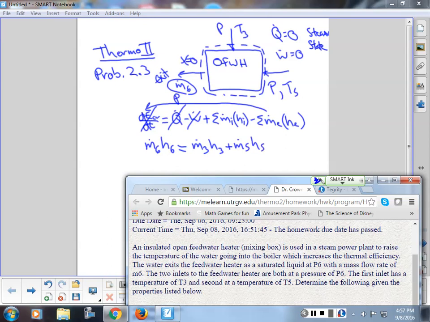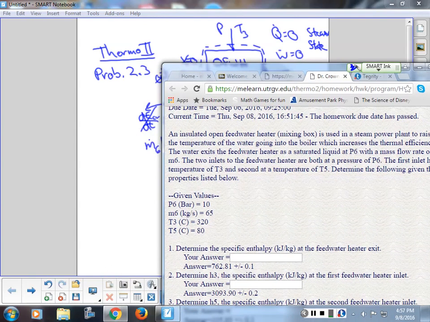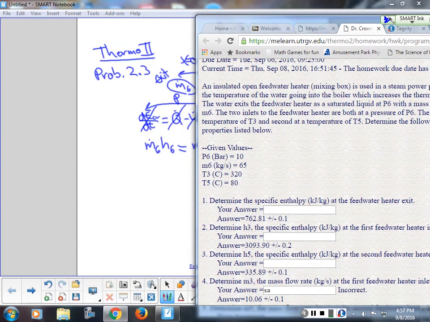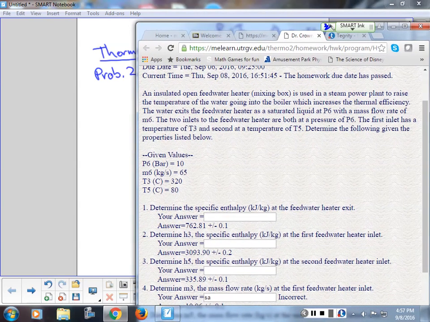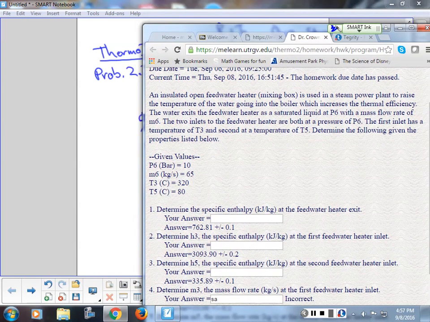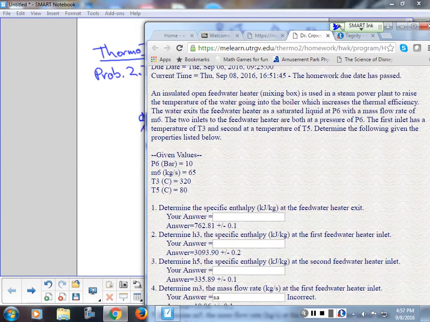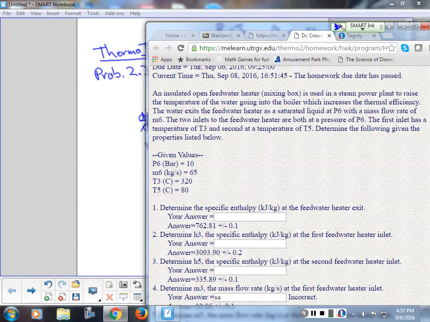And determine the following. So let's see what we're asked for here. So I have M6, which is my exit. The pressure is 10 bar, and okay, I was told a little bit more. I guess I need to know, okay.